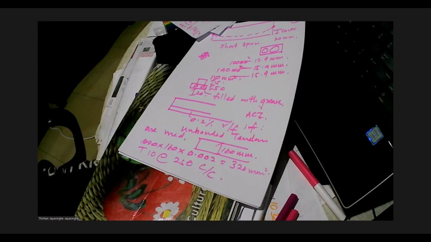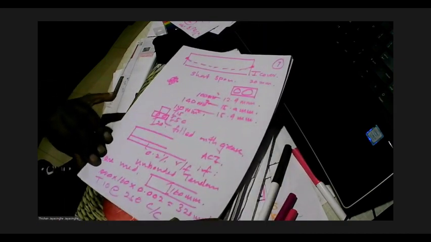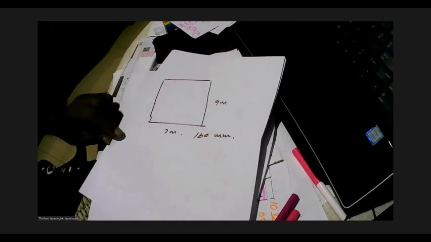But we have a question. The question is, how are we going to find the PT? So when you have a 7 meter by 9 meter slab, a flat slab, you might decide to use a 160 millimeter slab.